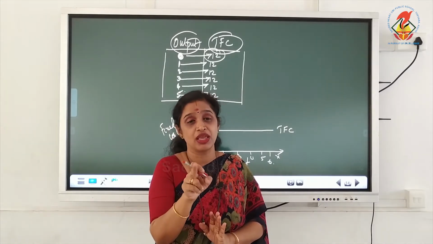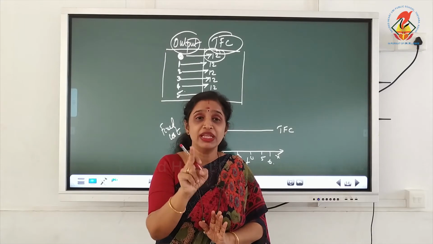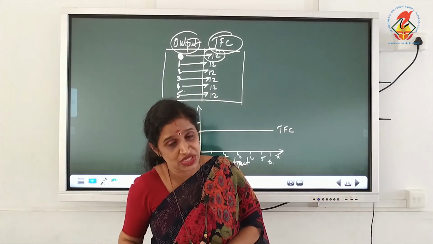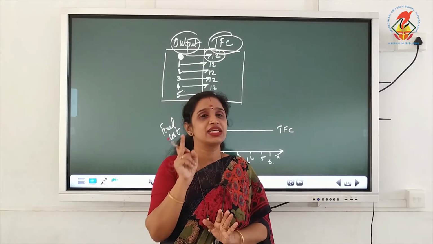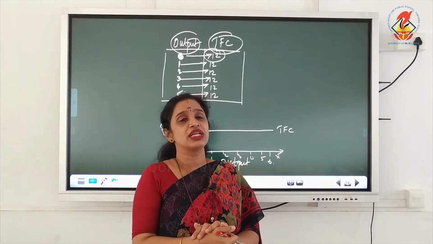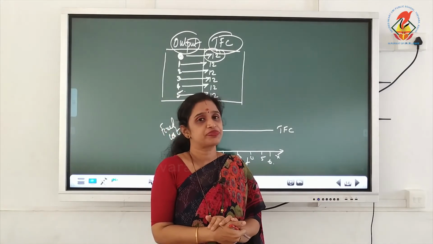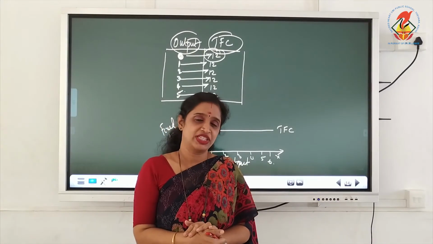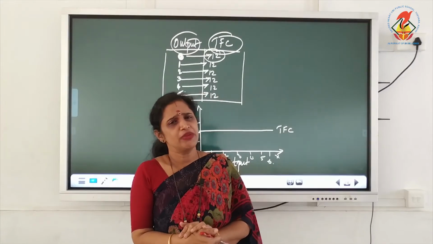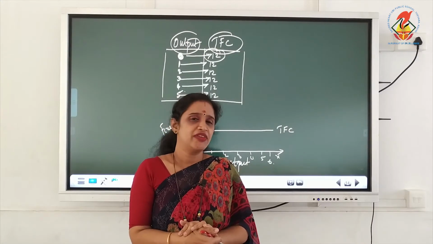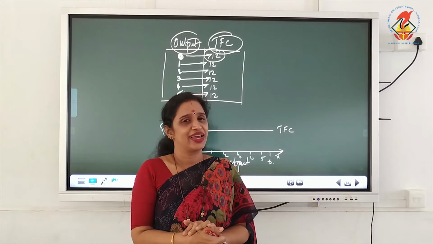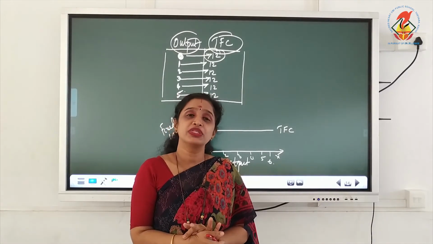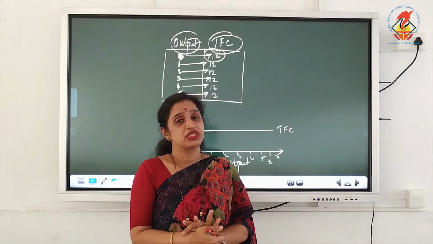Therefore, we can say even before producing, that means at 0 level of output also there will be a total fixed cost. That is why I have written it as 12. So, what is the reason behind 12? Even at 0 level of output, there is a total fixed cost. How? Because even before producing anything, the producer will have to hire the land, construct a building, and purchase the machines.